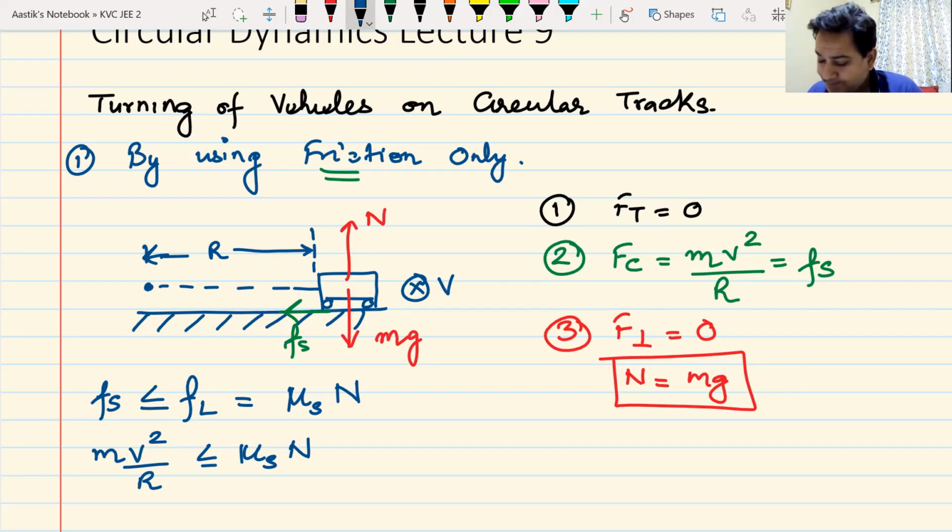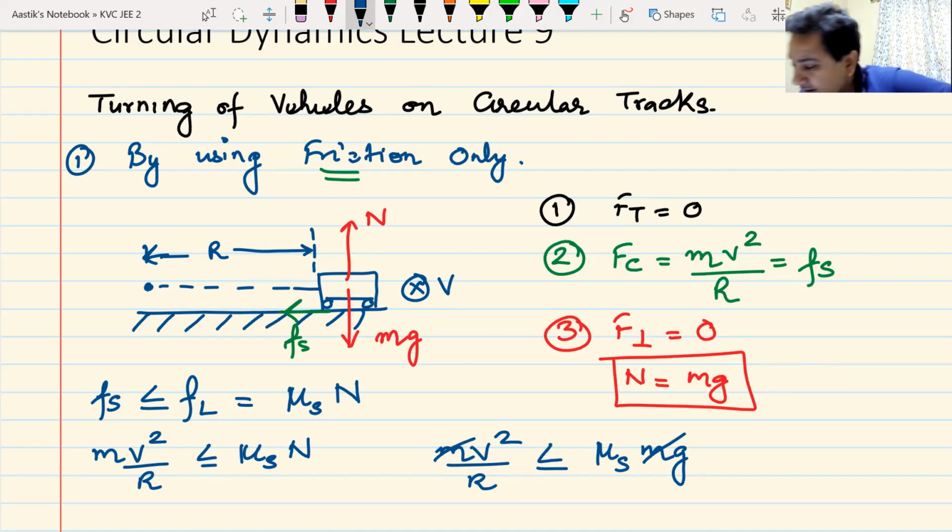I'll put the value of N as mg. So I'll get the equation as mv squared by r less than or equal to mu s multiplied by mg. The m will get cancelled, and we will get the value of v less than or equal to root over mu s into r into g.